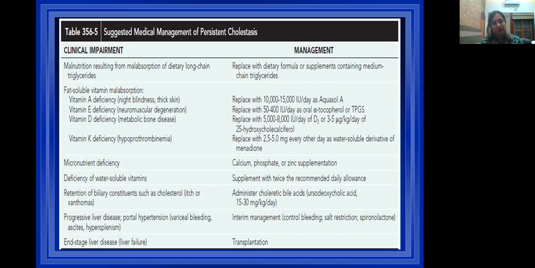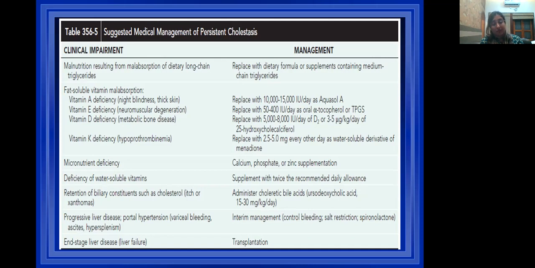And for persistent cholestasis, the supportive treatment: we have to supplement adequate calories for malnutrition, take care by oral formulations for vitamins A, D, E, and K, that is the fat-soluble vitamins. Instead of long-chain fatty acids, supply oral formulations of medium-chain triglycerides. Then micronutrient deficiencies like zinc, calcium and phosphate supplementation have to be done.